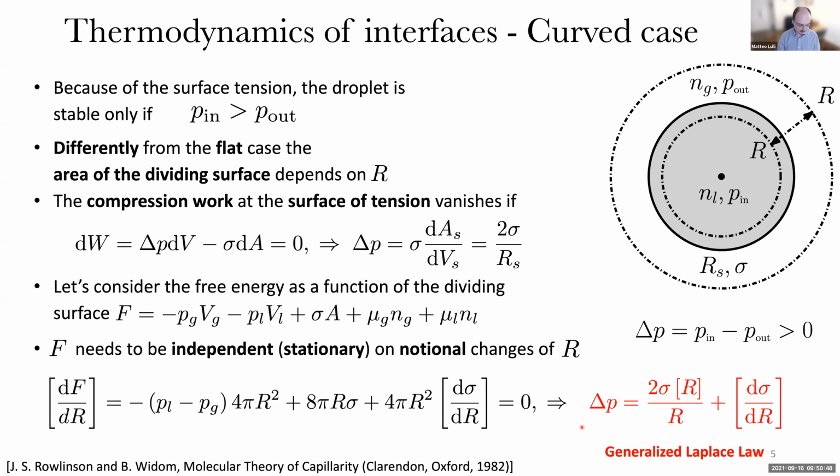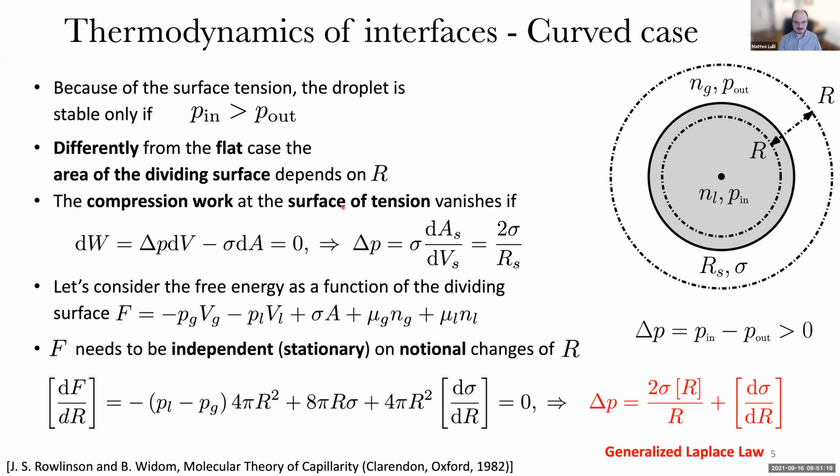Now let's look at the curved case. Again, as we said before, there must be a pressure difference between inside and outside, and this happens simply because there is a tension. So the inside phase is going to be squeezed, but at the same time the system must be in equilibrium, so there is a pressure difference to compensate for the stress at the boundary.